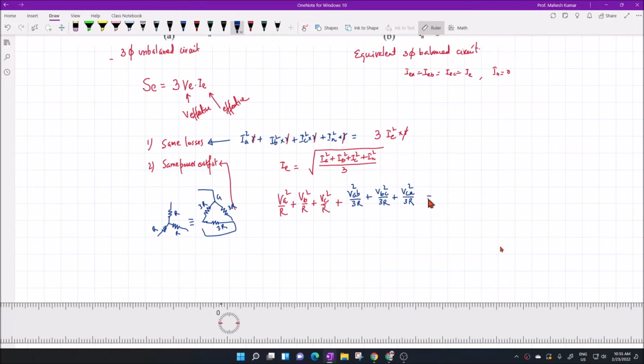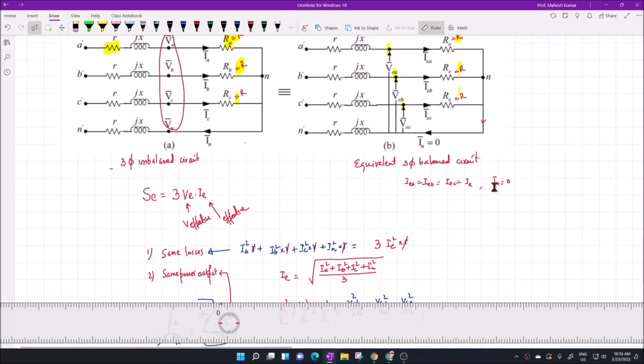This will be equal to output power of three-phase balance circuit here. What is that power?